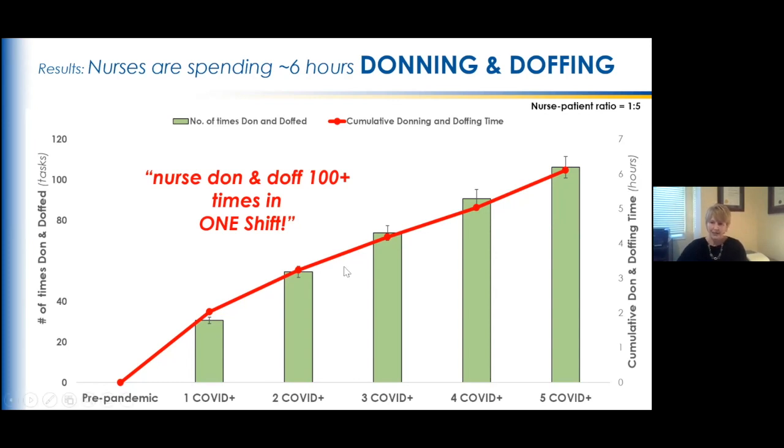And on the right-hand side over here, represented by the red line, you'll see this is the cumulative time spent donning and doffing. So over a 12-hour shift, nurses could be spending between 2 and 6 hours of their 12-hour shift donning and doffing, which we found was really shocking actually, to see that 6 hours of a nurse's shift could be spent donning and doffing.